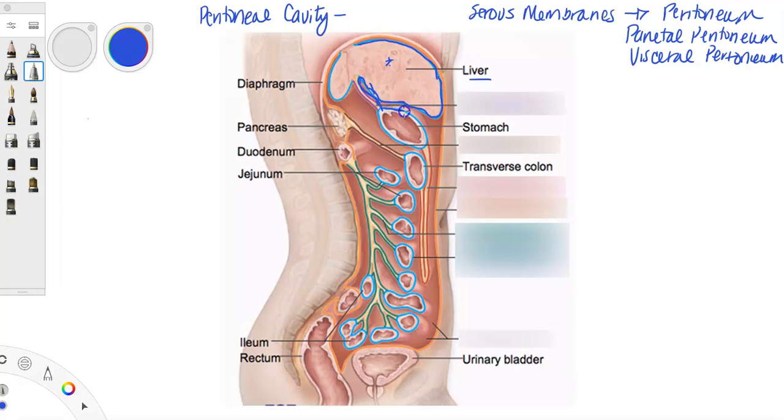Then I'm going to keep going around the stomach. As I get around the stomach, I'm back up to where that little piece of peritoneum came down from the liver. That right there is called the lesser omentum.